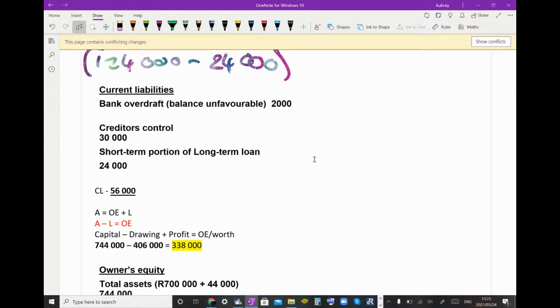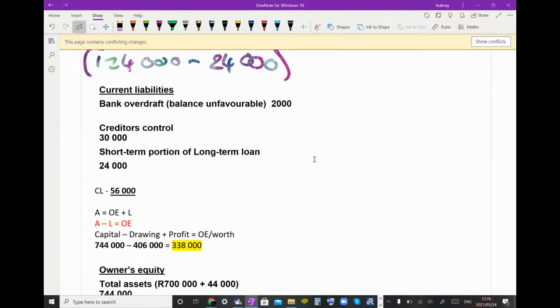We had the short-term portion of the long-term loan, which was the 24,000, which we just played around with now. And then when you add those together with the creditors control, you obviously then get the 56,000.